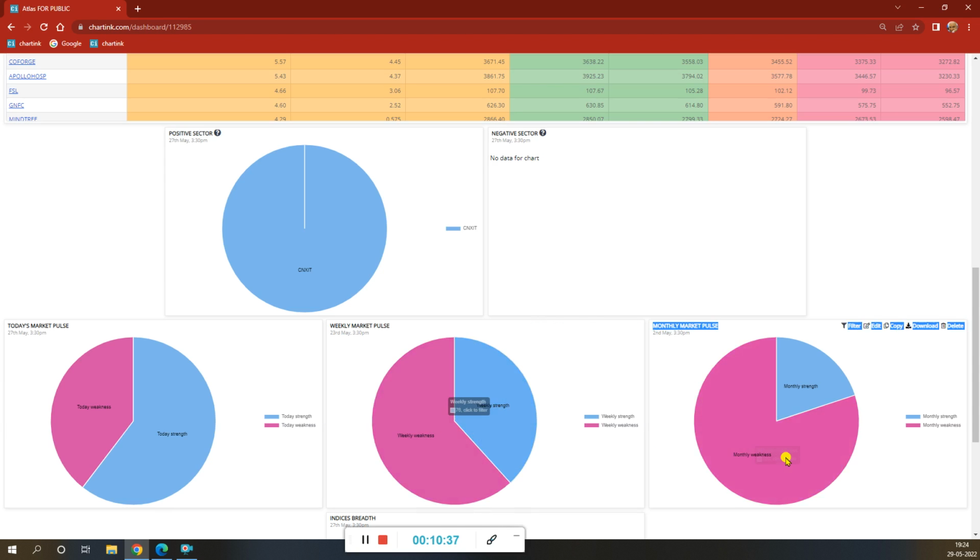Okay, so in this month, the entire month, this is 29th of May today, the market is on the downside, and this is the only strength side. Again, in terms of week, this is the strength side and this is the weakness side. So we can clearly identify where the market is heading to, or what is happening in the market, right?